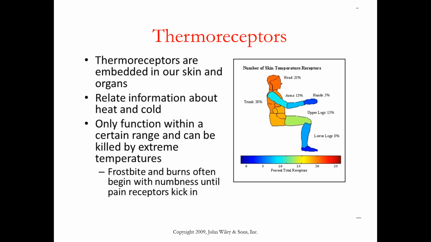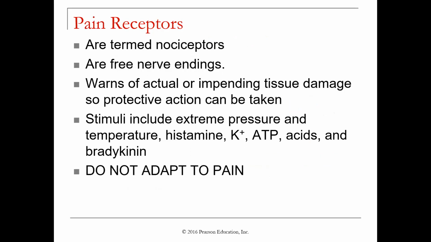If you get down below their cold operating temperature, you destroy the temperature receptors, and then the pain receptors kick in, in this case, frostbite. If the temperature goes up, we destroy the temperature receptor, and then it hurts from the burn.